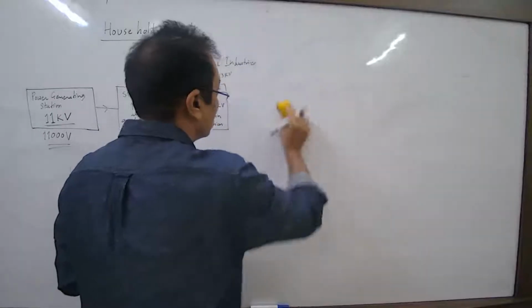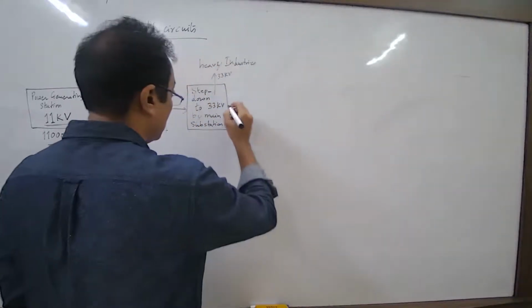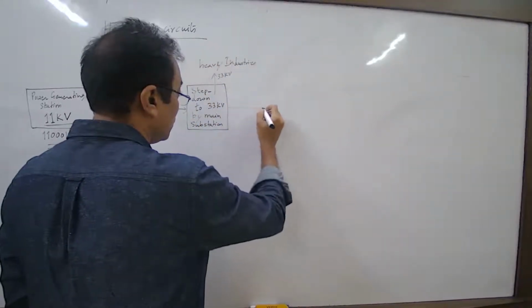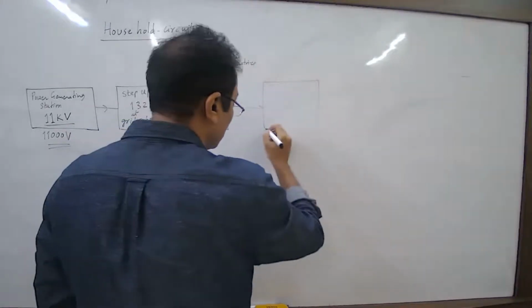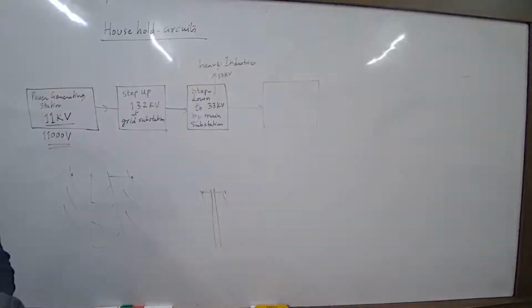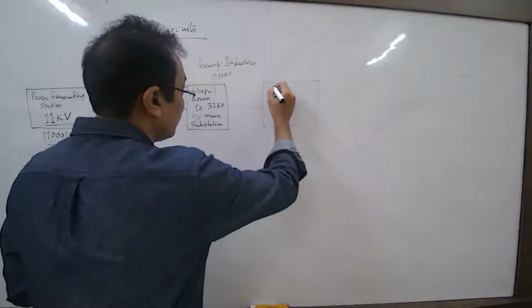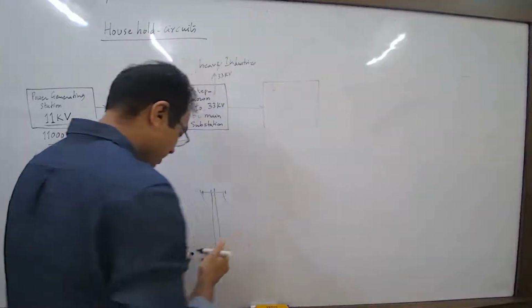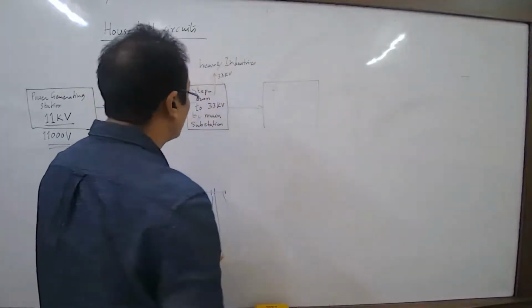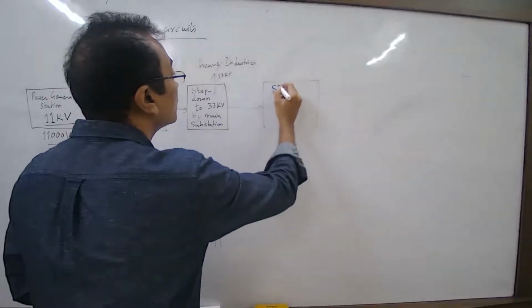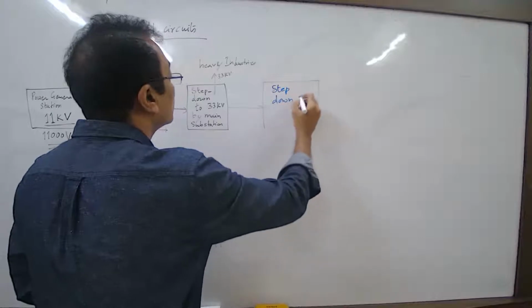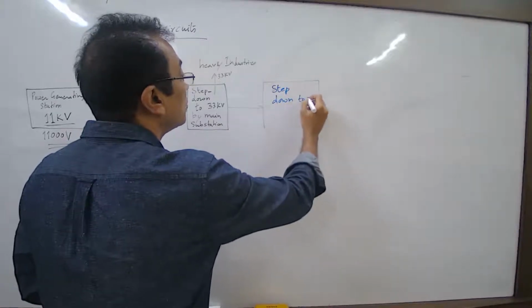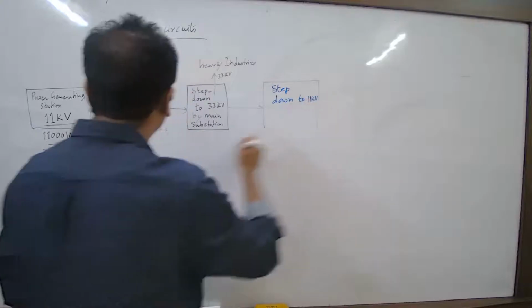Then there is one more, the city substation. Before that, you have an intermediate substation, right? So further it is stepped down to 11 kilovolt.